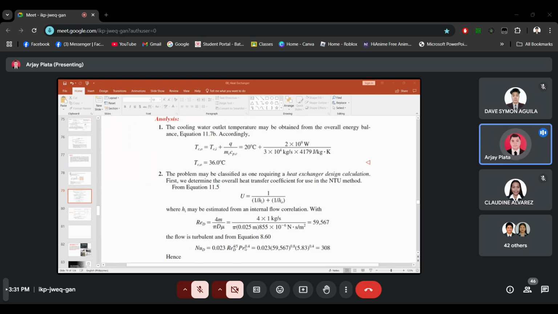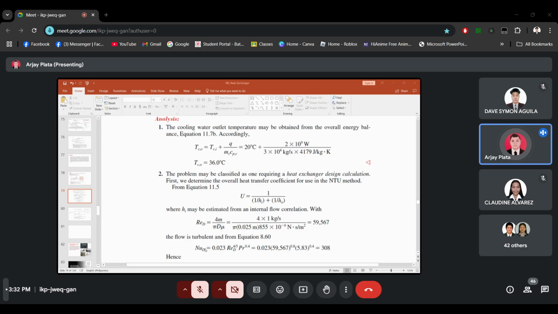Just remember that it's an internal flow correlation, internal flow with circular geometry. This is the correct correlation that we need to use.